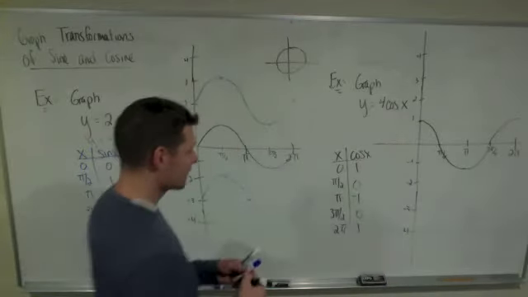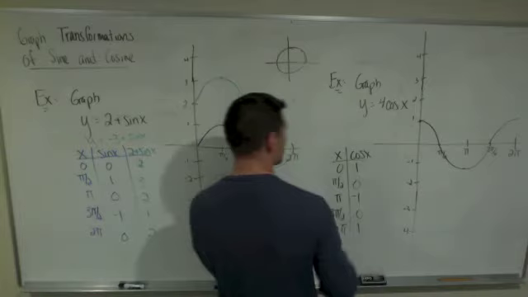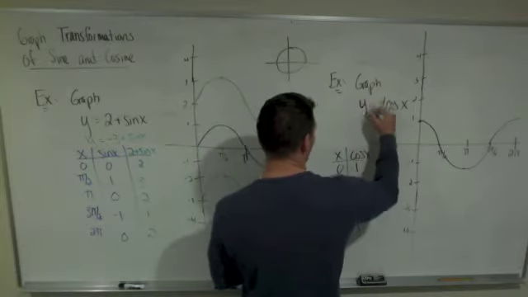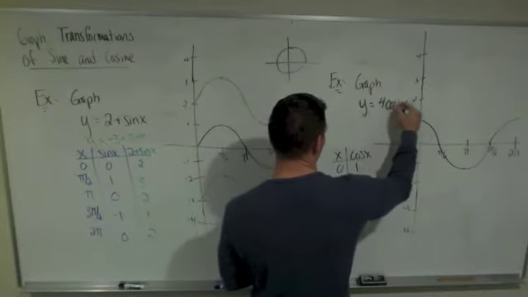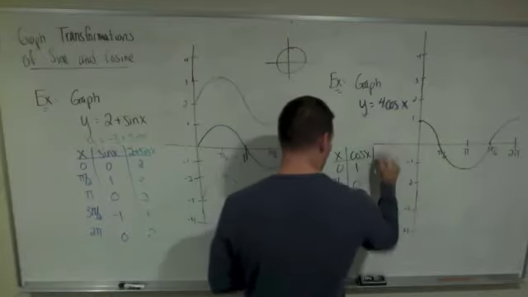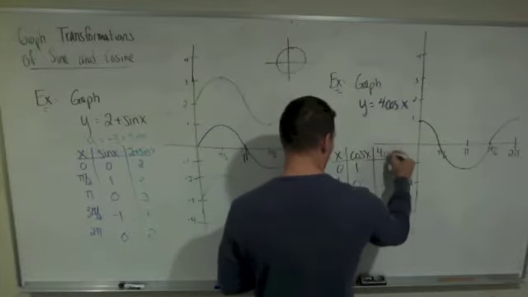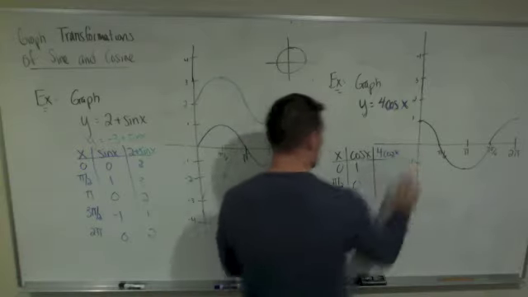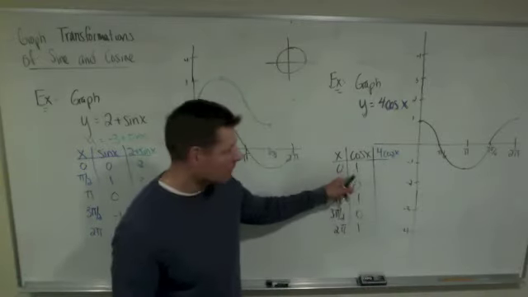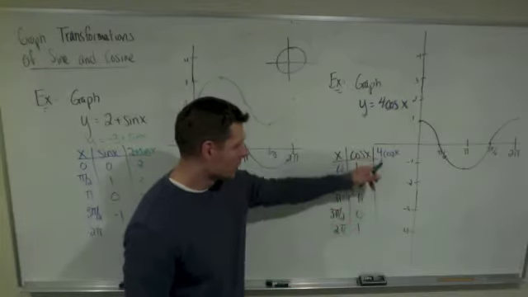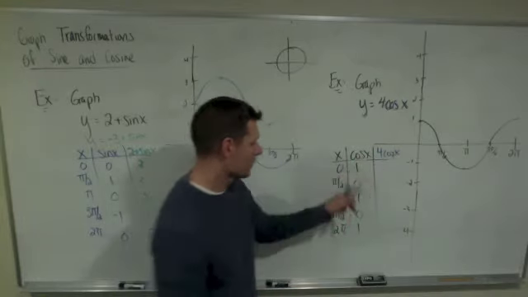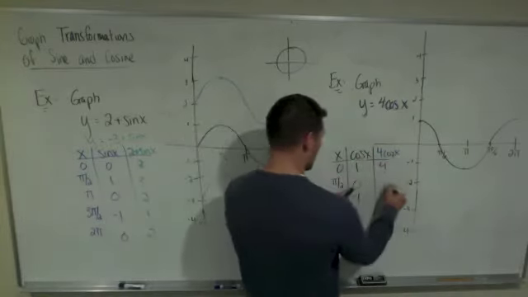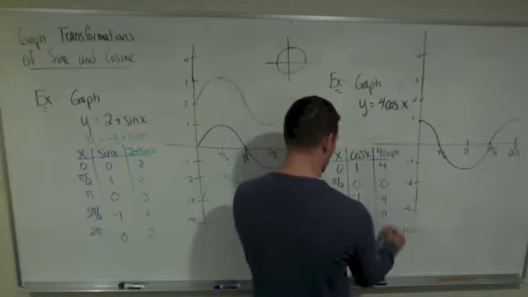But what happens if I want to look at this blue one, y equals 4 cosine x? Well, how does that change things? If I write 4 cosine x, what I'm doing is I'm multiplying each of these outputs by 4. Multiply this by 4, you get 4, 0, negative 4, 0, and 4.